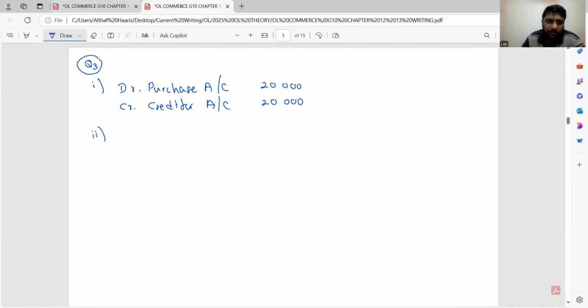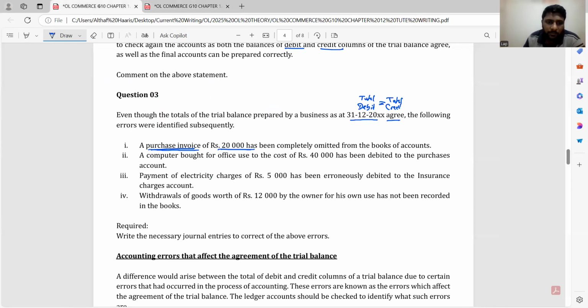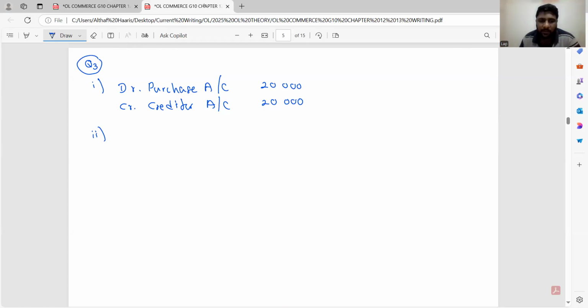Second one. A computer bought for office use for the cost of 40,000 has been debited to the purchase account. So what is the original way of recording, Lamai? You see what they have done here.